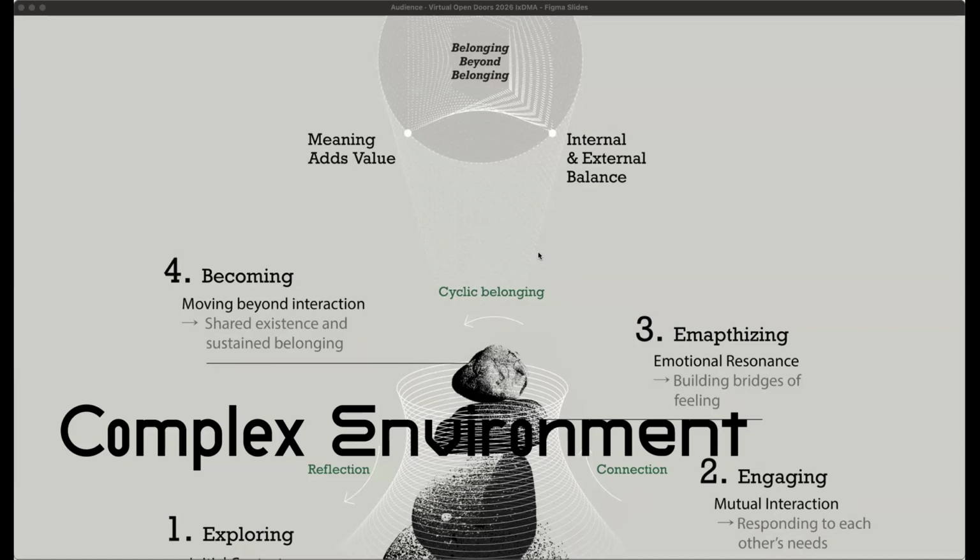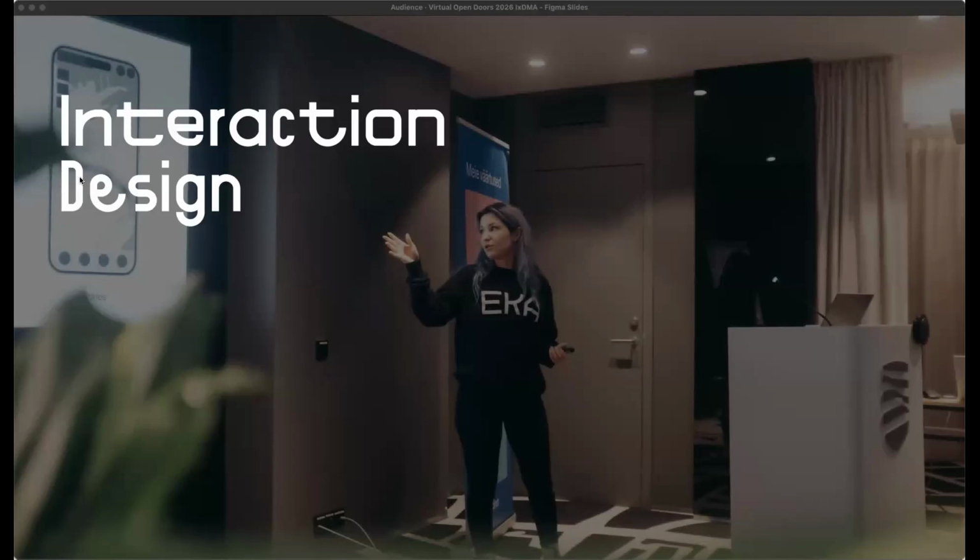She built an entire speculative framework with many supporting tools that helps to cultivate belonging with the non-living. Very interesting projects. If you're interested in this project or any of the other ones I mentioned, you can check out our website. They are all there, and you can see what the students were actually working on, IxD.MA.